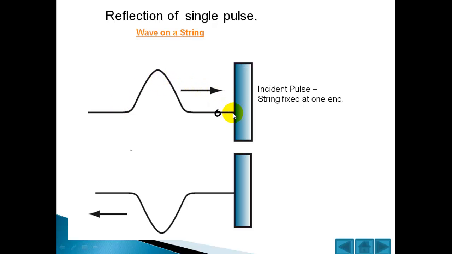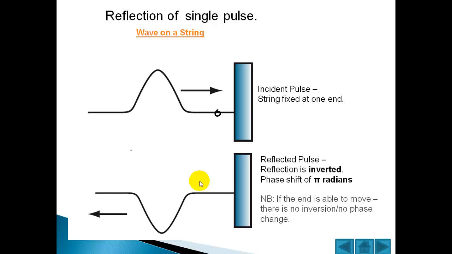When it comes back, it is inverted. It goes to the other side because it's been fixed there. Effectively, as this wave comes in, it pulls up on where it's fixed to the wall, and because it pulls up, the fixture pulls the wave down and makes it go in the opposite direction. It's an example of Newton's third law.